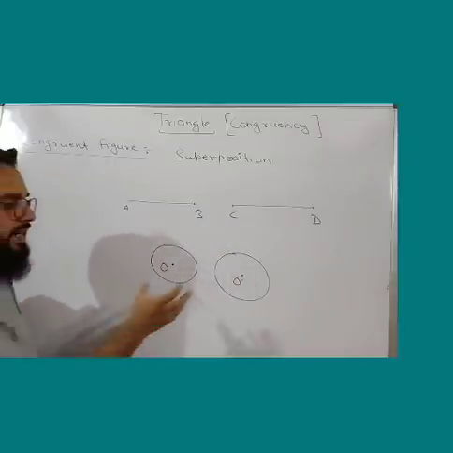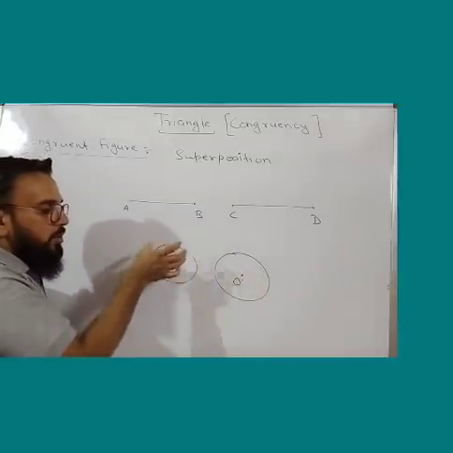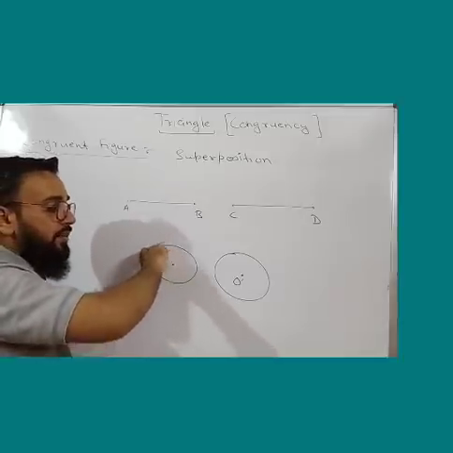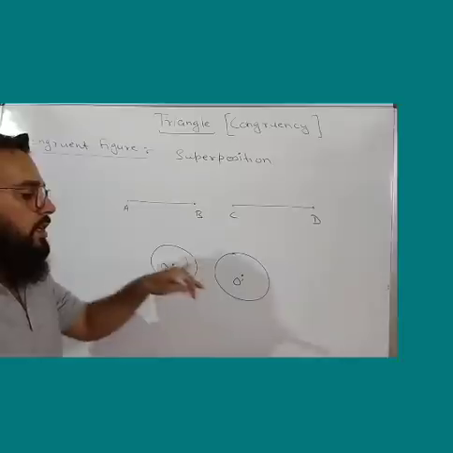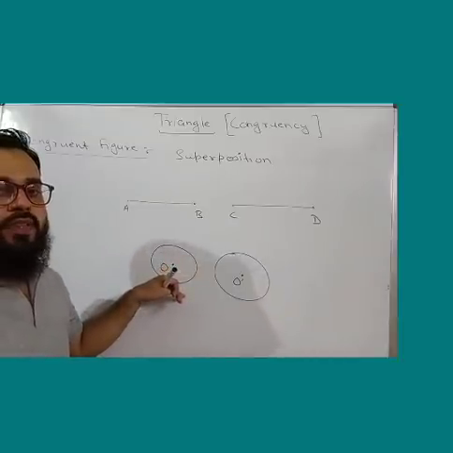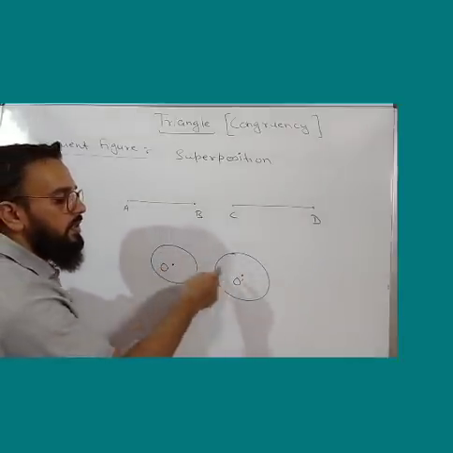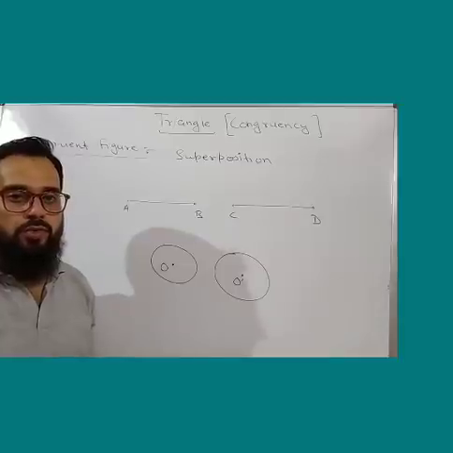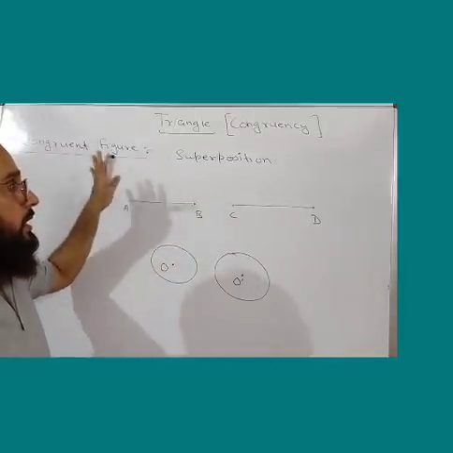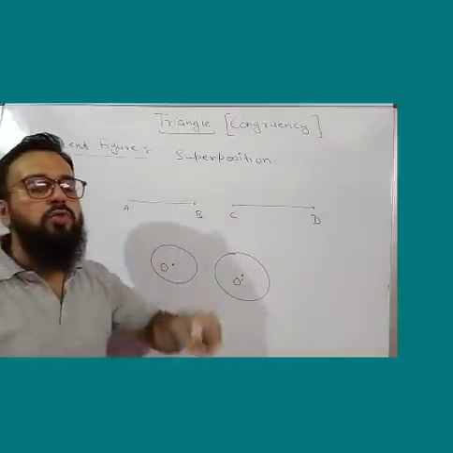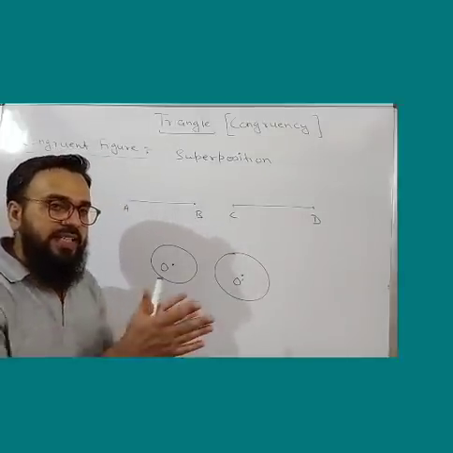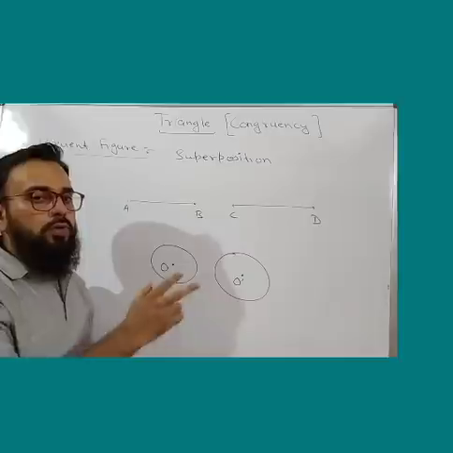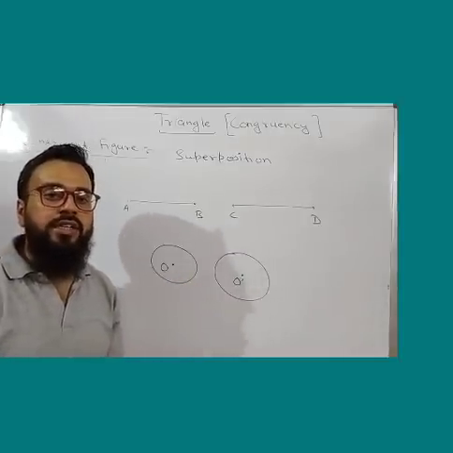If we take this circle and put it on the other circle, and it covers it completely, meaning circle O dash superimposes on O, then we will say that both the circles are congruent. What is the basic meaning of congruency? Congruent figures are those two figures which superimpose on each other when placed on each other. Then those two figures are known as congruent figures.